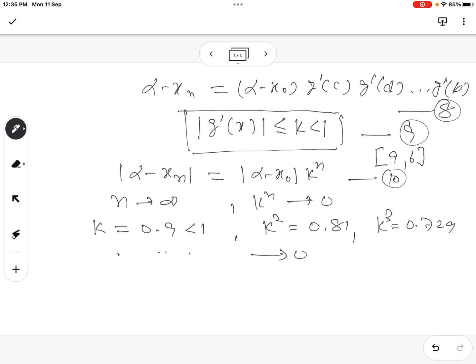So if the right hand side tends towards 0, we can write that xn is equal to alpha. The nth approximation is alpha, that is our root.